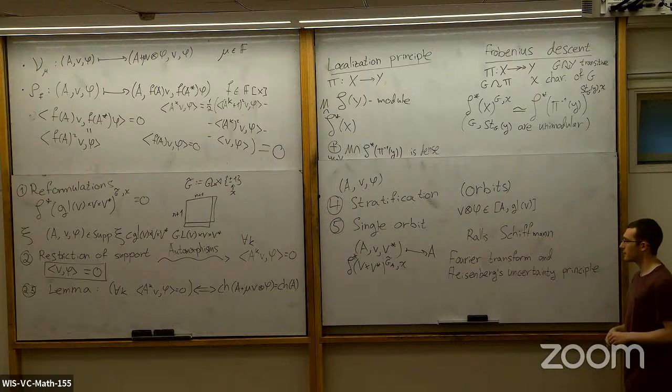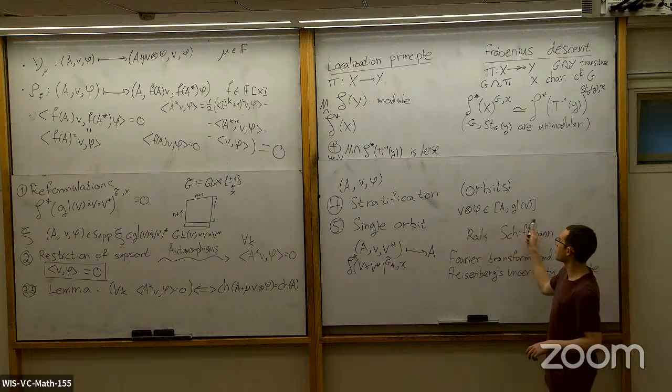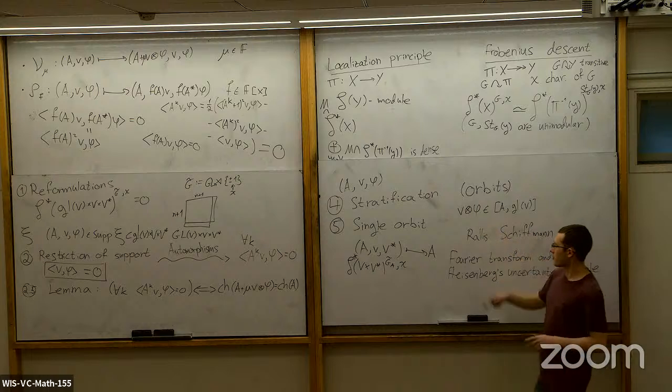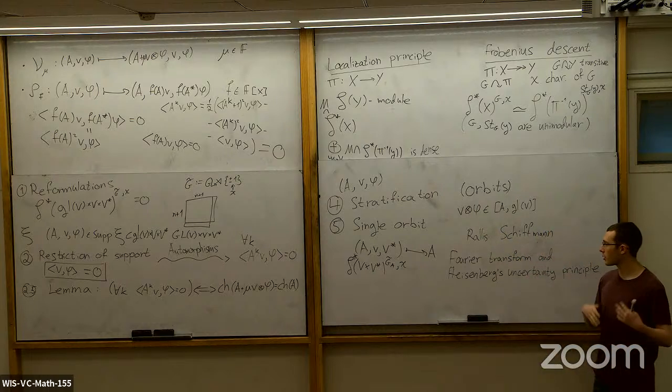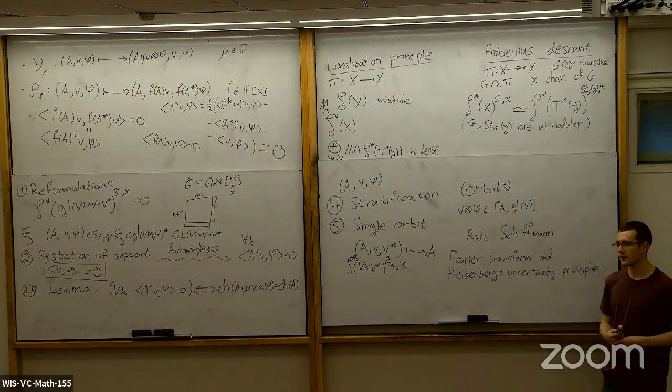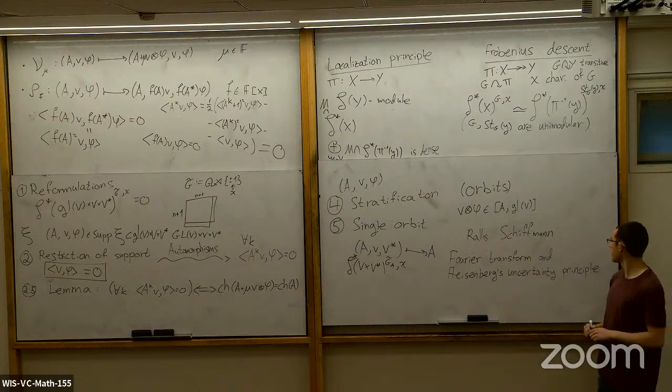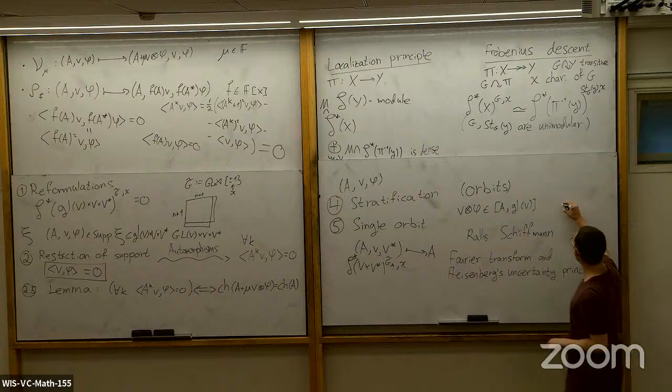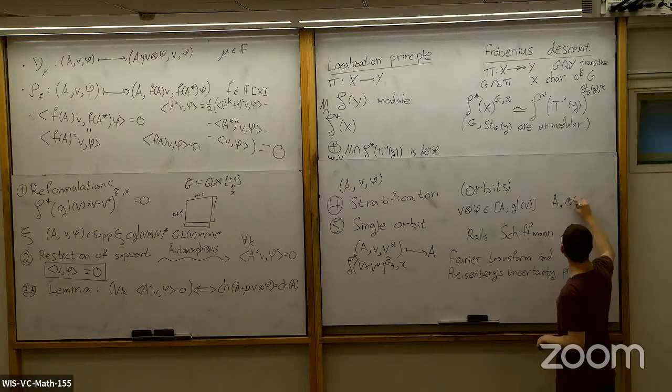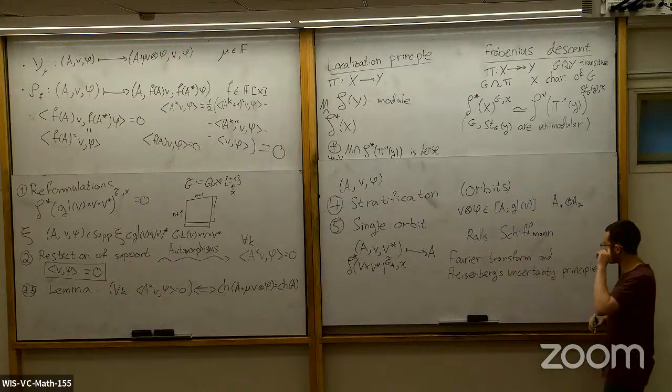And then I said this condition is technical because it's used only for the passage from general A's to just simple kind of A's. Just by showing that if it's true for A1 and A2, then it's also true for A1 plus A2, which lives in larger dimension.